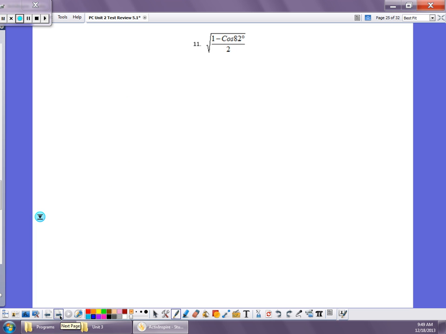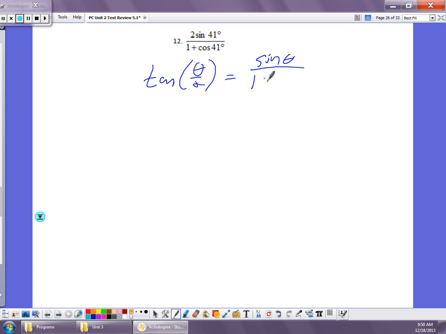All right, number 12. If you look at this, this looks very similar to the tangent of a half angle, but that identity is sine theta over 1 plus cosine theta. So again, I need to make my identity match my problem.